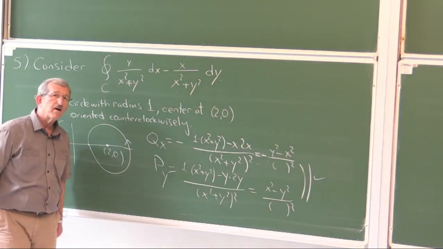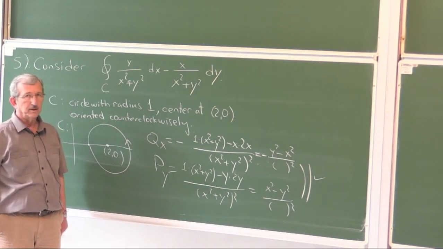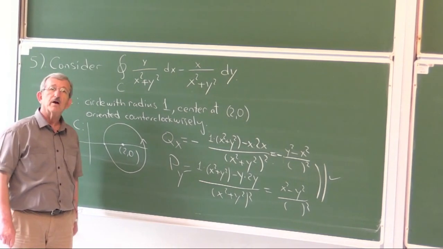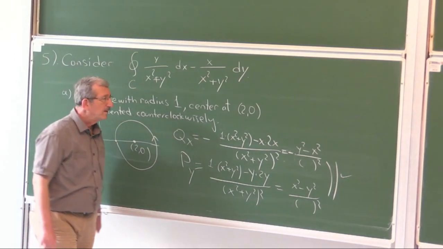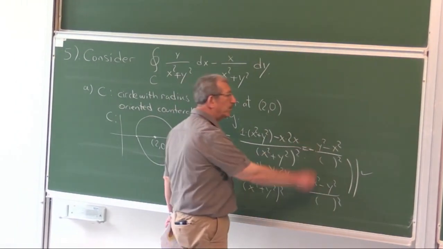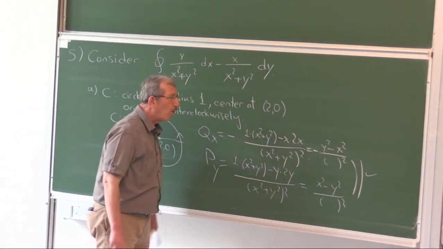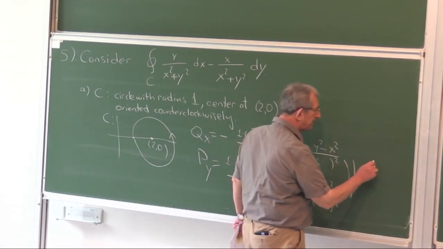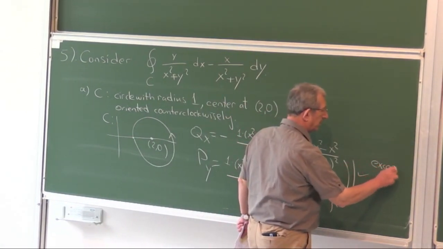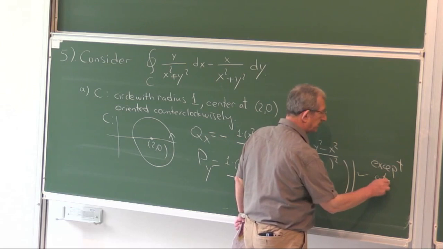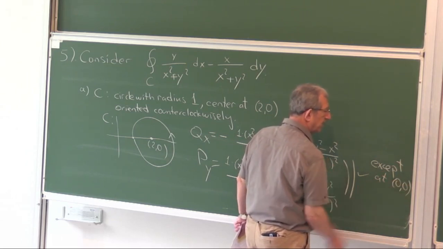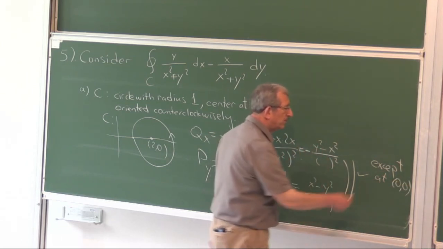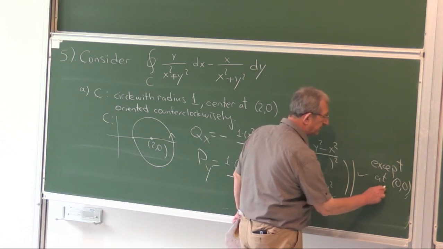Well, they are not equal everywhere. We should be careful. Of course they are equal at all points except at (0, 0), because at (0, 0) they don't exist.